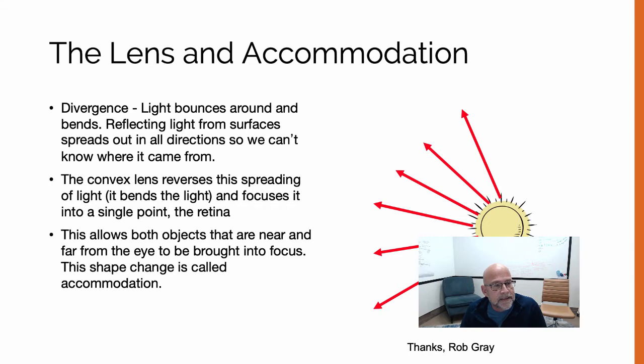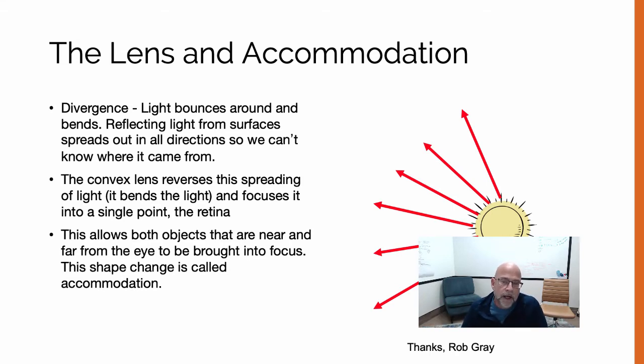The eye has to do a lot of things in order to get information focused directly on that fovea. Light is divergent. It bounces around and bends as it bounces off different surfaces. It reflects from those surfaces and spreads out in all directions, so it's really hard for us to tell where it comes from.